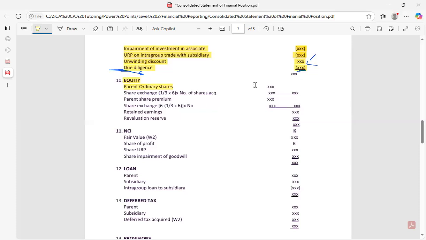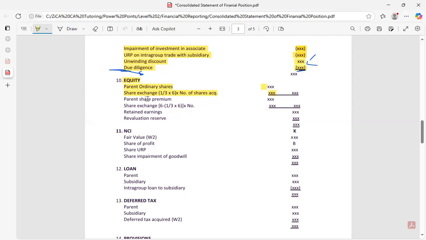So you get the ordinary shares for the parent, and then the shares that were acquired through share exchange. How do you calculate this? You say 1 divided by 3. If the proportion was 1 to 3, you multiply by 6. If the share price is 6, and then you multiply it by the number of shares, then you're going to have what you're looking for there.